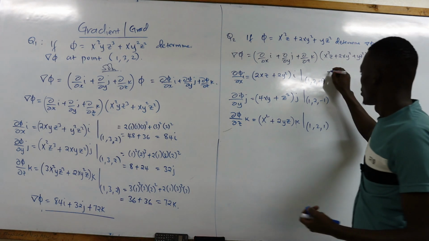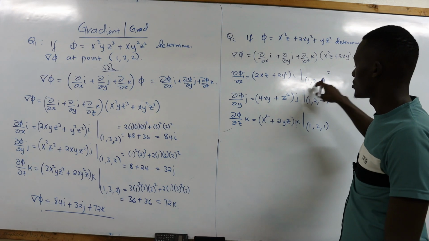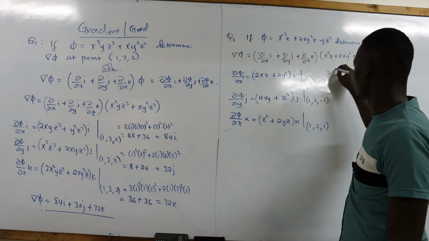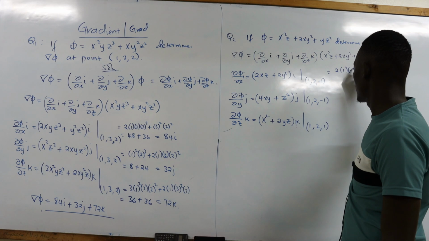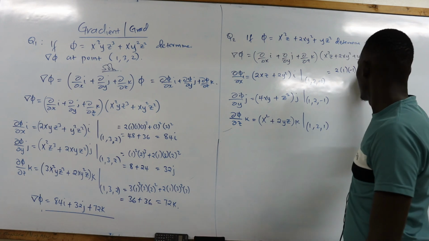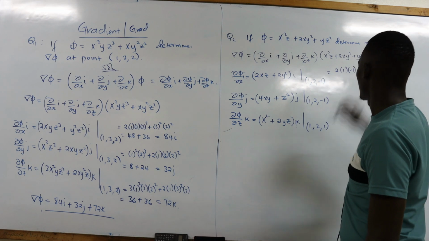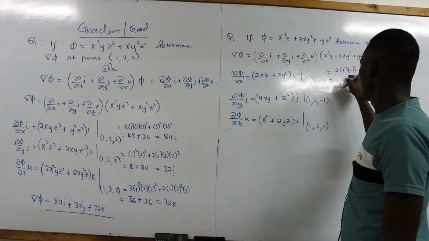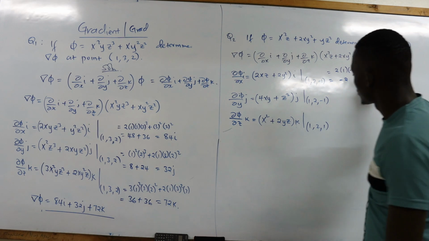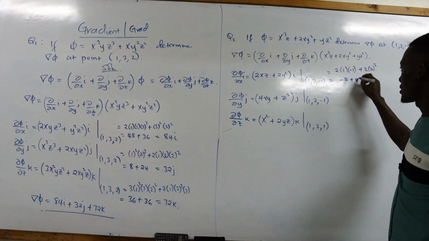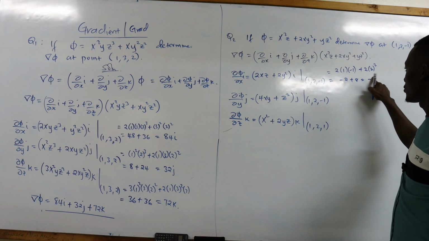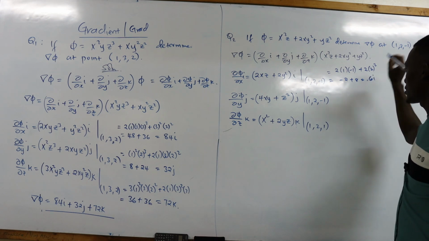So where we have an x, I put 1, then y 2, then z that. So we have 2, then we have 1, then we have z -1, then plus 2, y is 2, then squared. So this one will be -2. This one is 4 times 2 plus 8, which gives me positive what? 6. So I'll have 6 what?